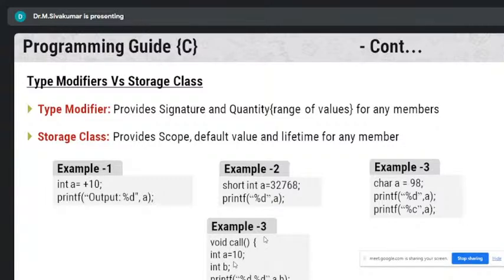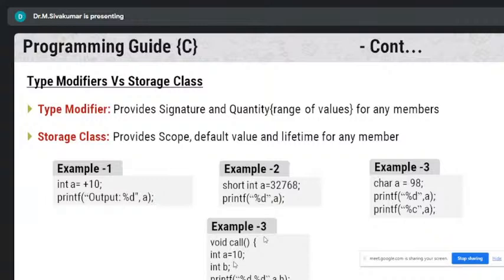Additionally, you can provide the lifetime, meaning how long it is going to be in memory. Whenever this function is alive, all the variables will be alive, and whenever this function is terminated, automatically in the background their lifetime is also over.